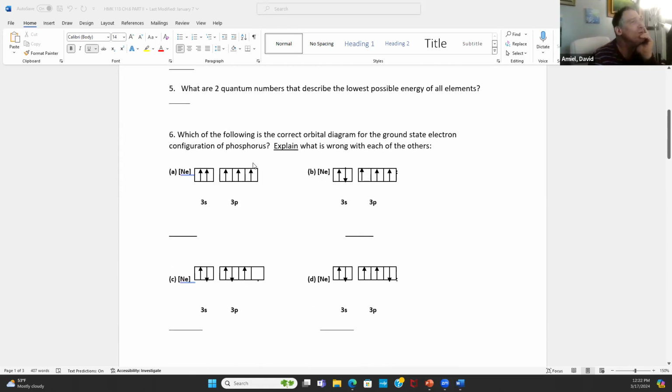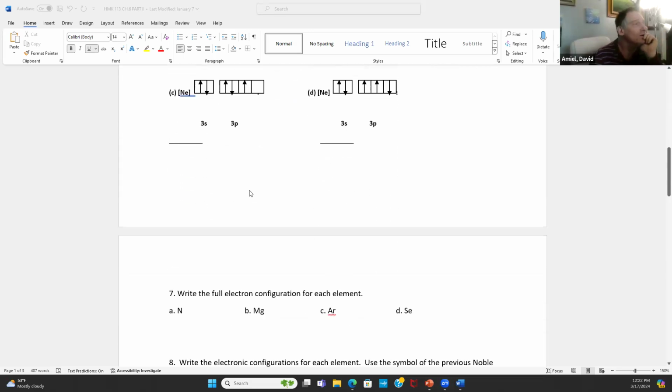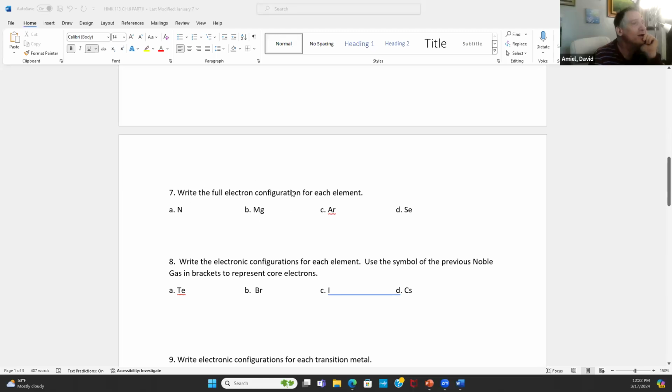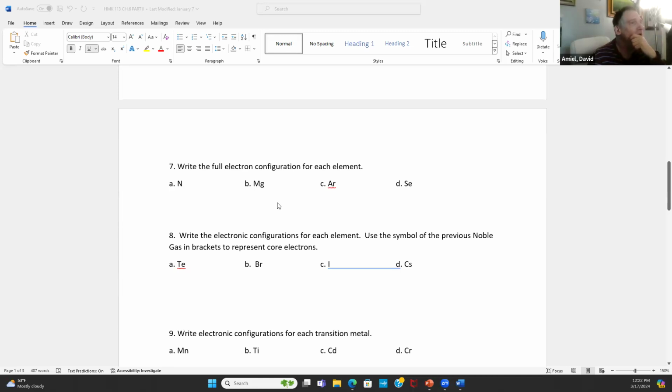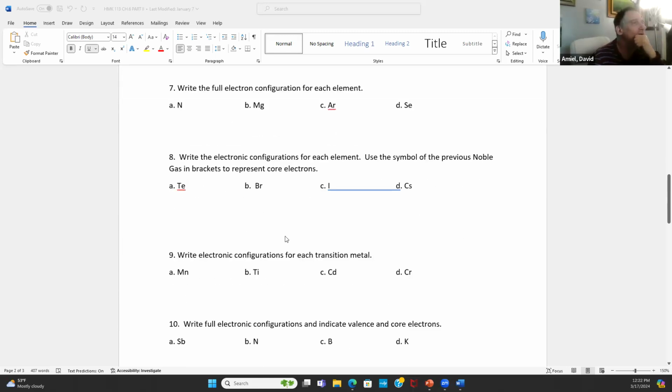Make sure you do explain what is wrong with the ones that aren't correct. You need to use the Pauli exclusion principle and Hund's rule to answer that question. Write electronic configurations. We know how to do that. And then 8, use the noble gas configuration. We learned how to do that. These are some of the D block elements.